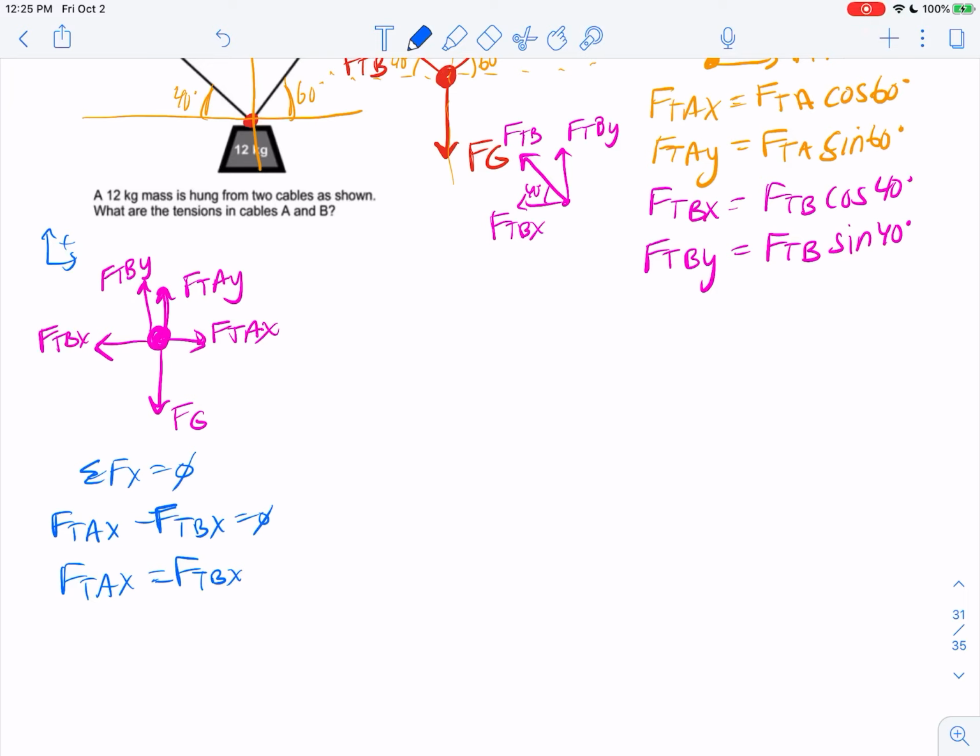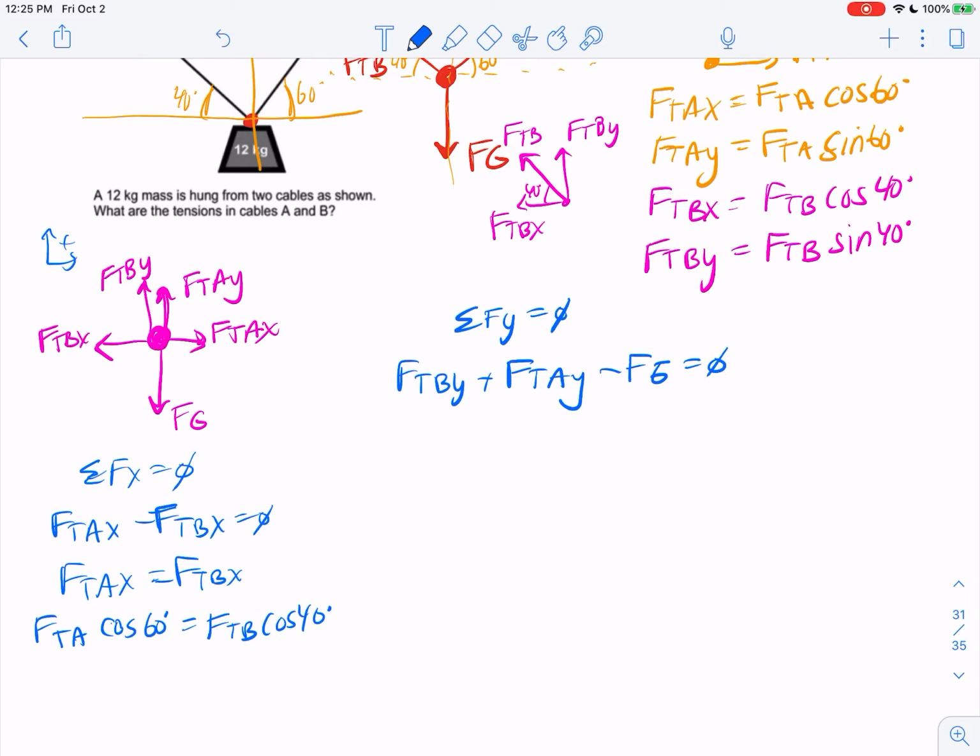So I'll go ahead and plug in my components, but then you'll see I don't really have enough information. Cos 40, right? I don't know FTA or FTB, so I'm going to be stuck. When I'm stuck, I'll try the other direction and see if I know anything else there. Upwards, I have my FTBY plus FTAY, those are both up, minus the FG, which is down, equals 0.